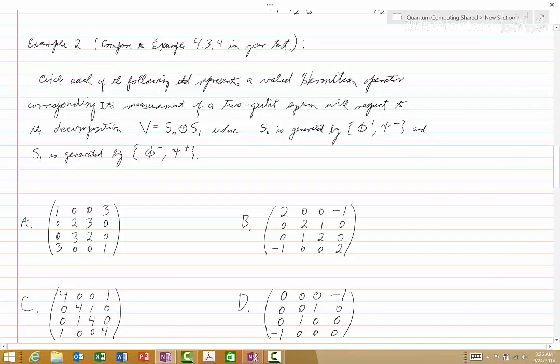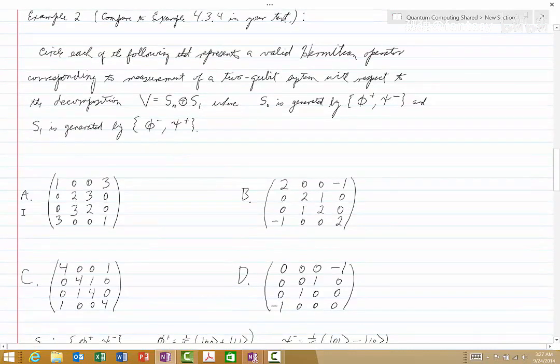This one says, circle each of the following that represents a valid Hermitian operator corresponding to measurement of a 2-qubit system with respect to the decomposition V equals S0 plus S1, where S0 is generated by phi plus and psi minus, and S1 is generated by phi minus and psi plus.